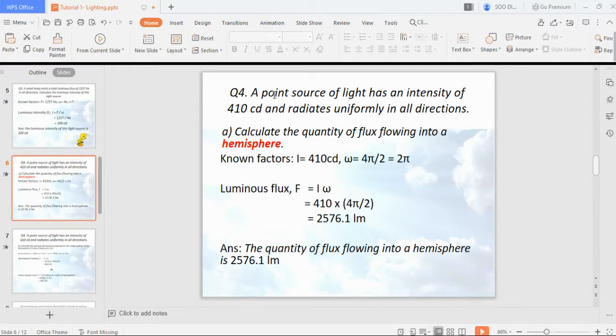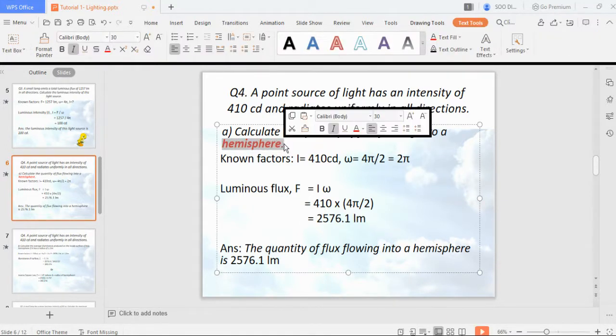Okay, so question 4. A point source of light has an intensity of 410 candela and radiates uniformly in all directions. So there's A and B. A is asking you to calculate the quantity of flux flowing into a hemisphere. So for this A, hemisphere is half of a circle. So you just divide it by 2, then you have 2 pi lah.